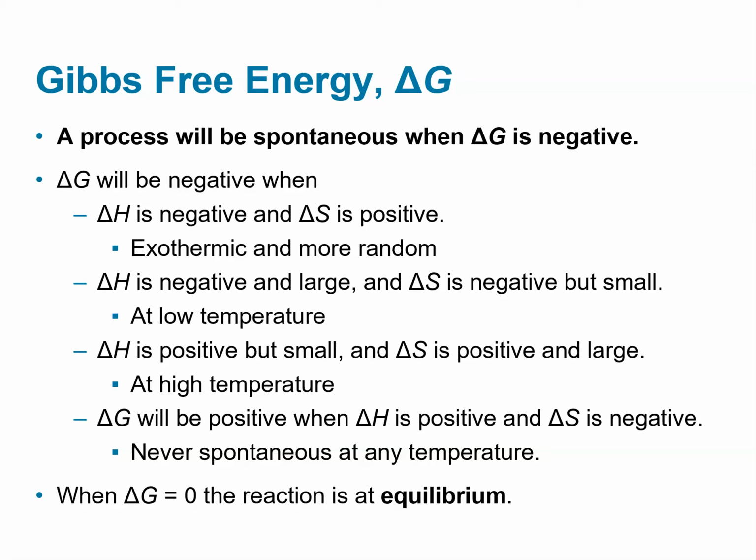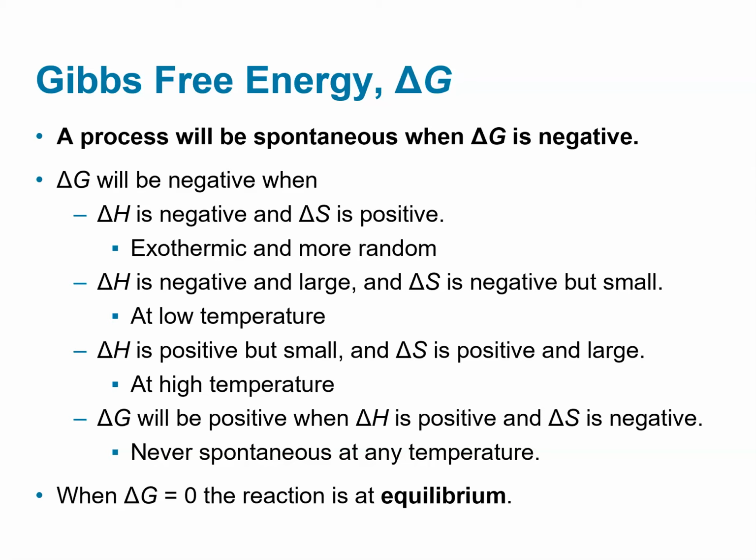So it can be negative if delta H is negative and delta S is positive. It's exothermic and it's more random. Excellent. It can be negative if delta H is significantly negative and delta S is negative, but not dramatically negative. So this would be a good example of a low temperature reaction.